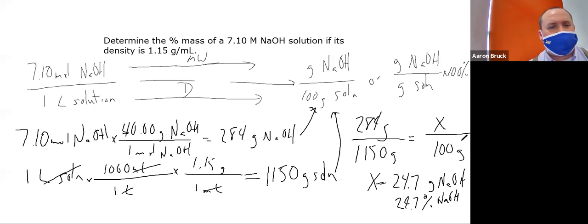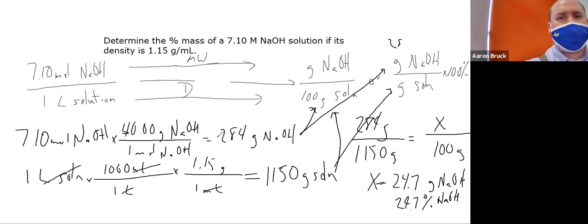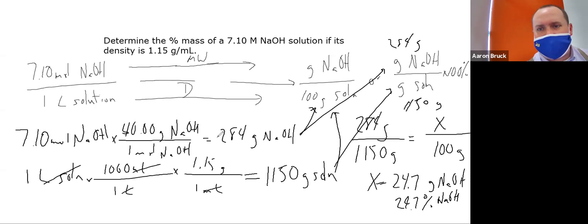Probably the way that most of us would think to go, though, would be to plug them here and go this route. 284 over 1150 times 100% would get us the same 24.7% NaOH.